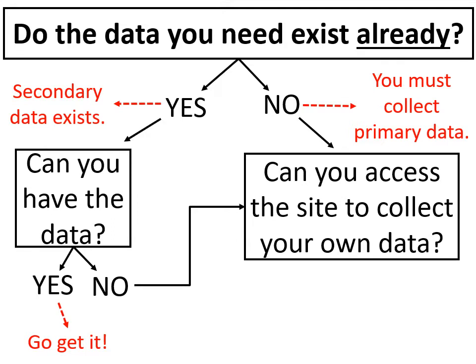If no, then the question is, can you access the site to collect your own data? Which is actually a question that flows off of this no over here as well. So if the data don't exist, then the next question is, can you access the site to collect your own data? But also, if the data exists, but you can't have access to those data, then the same question that you have to ask yourself is, can you access the site to collect your own data?